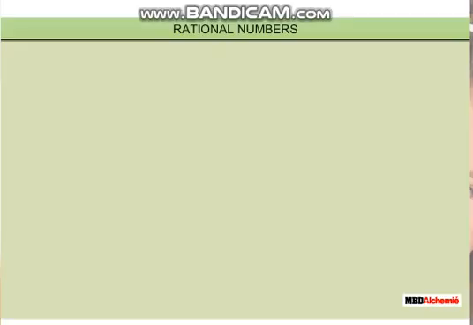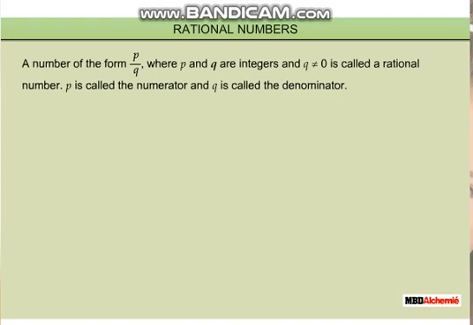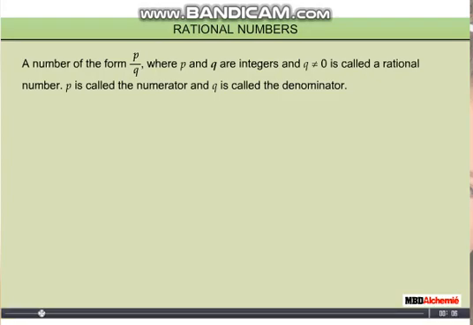Rational numbers. A number of the form p upon q, where p and q are integers and q is not equal to 0, is called a rational number. p is called the numerator, and q is called the denominator.